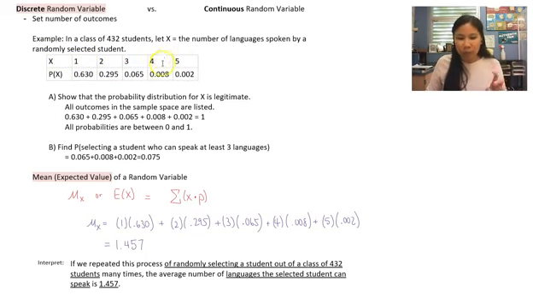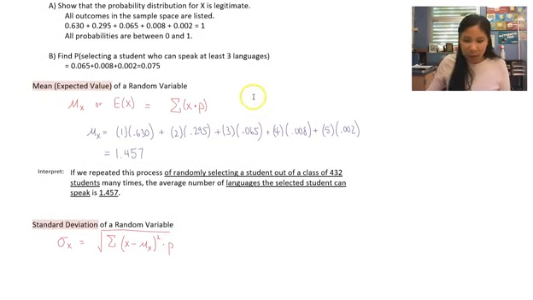Those would be our data points, and then we're talking about how far each of those numbers is away from our mean of 1.457. So the formula looks like this. There's a big square root over the whole thing, and on the inside we are taking the sum of x minus the mean.